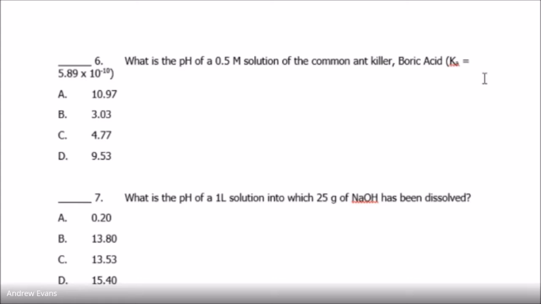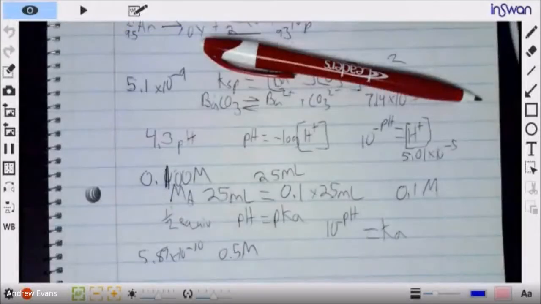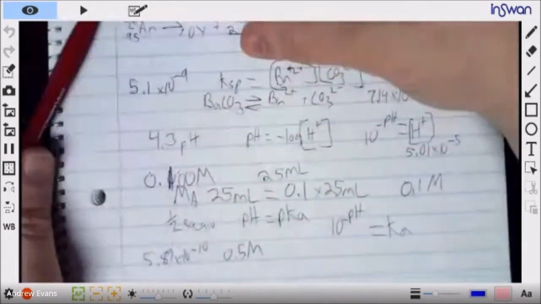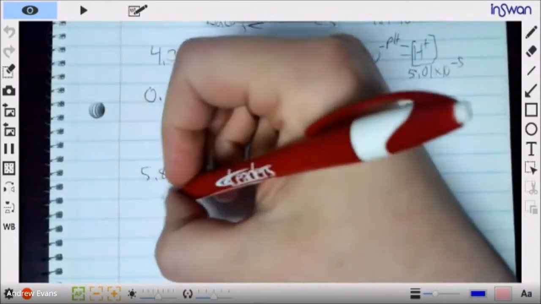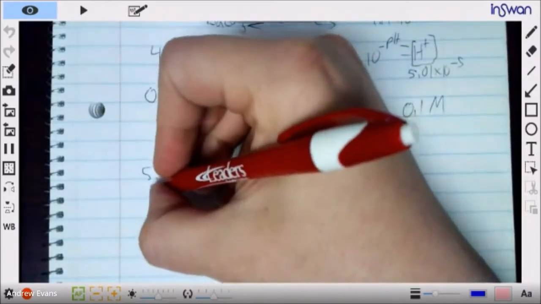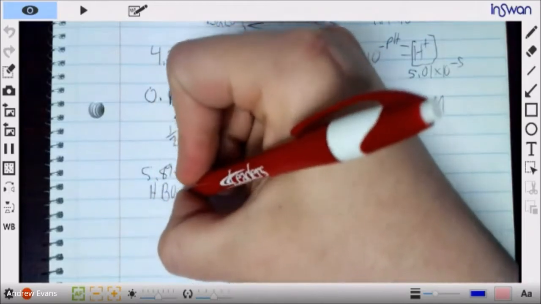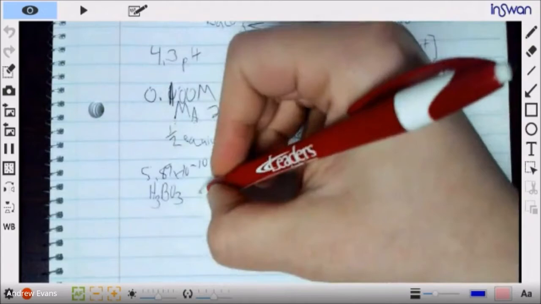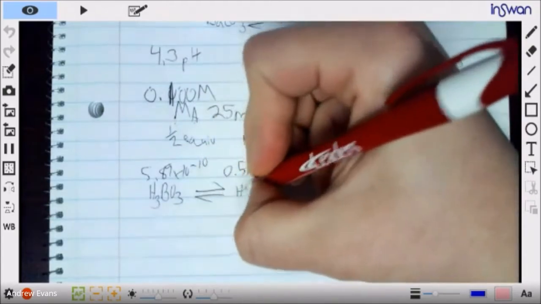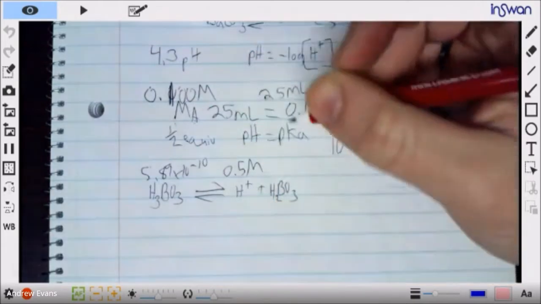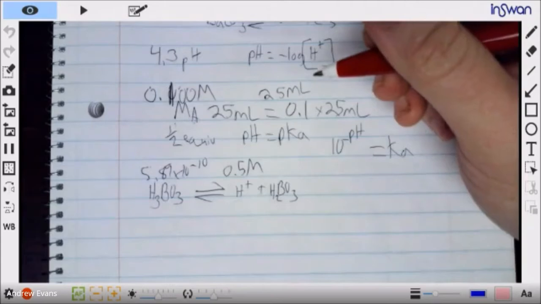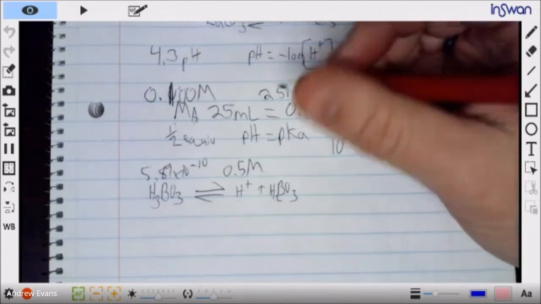Looking at this, with most acids, with the boric acid, it splits into H plus and H2BO3 minus.